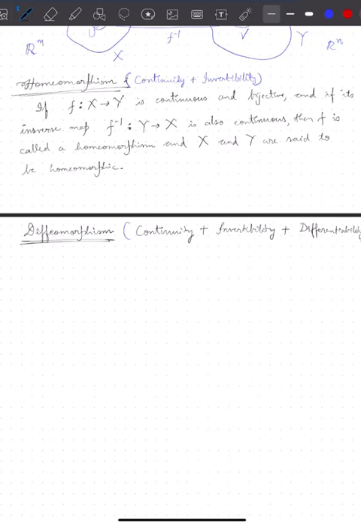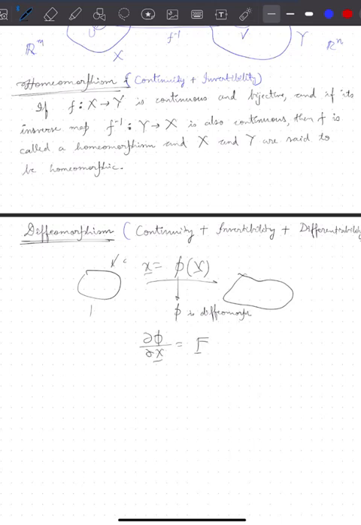So when we talk about a body, you apply a load. Say you have a body here, apply a load, it gets deformed into some other shape. Then what we have is the mapping phi, so x vector is equal to phi of X vector. This phi is diffeomorphic. The reason is that we are also able to define partial phi by partial X, which we call the deformation gradient.